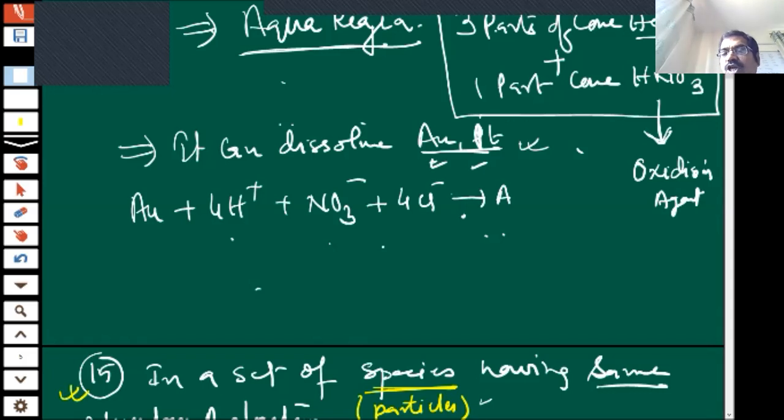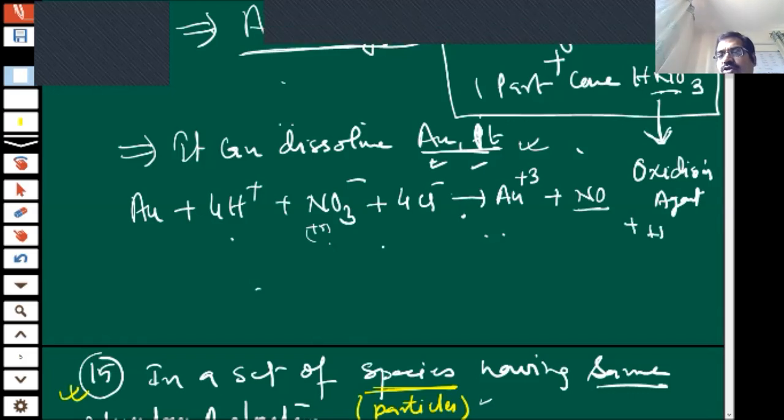Au becomes 3 positive charge, children, due to this. And this electron is taken by what? Nitrogen. N is in +5 form, so it becomes NO, nitric oxide. And this H plus is used to form water with the help of oxygen.